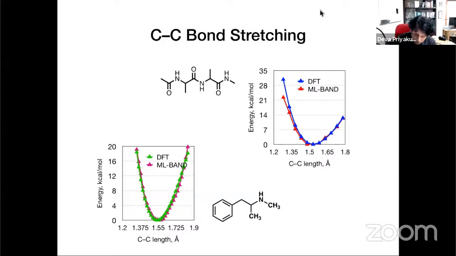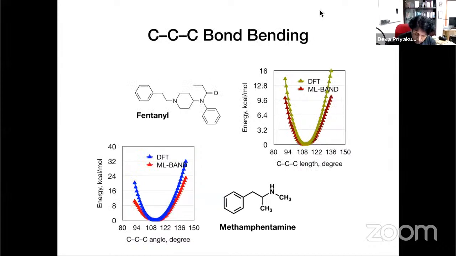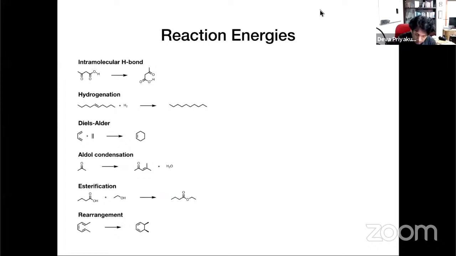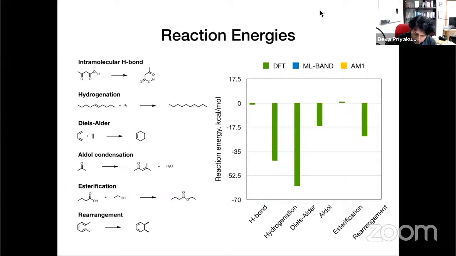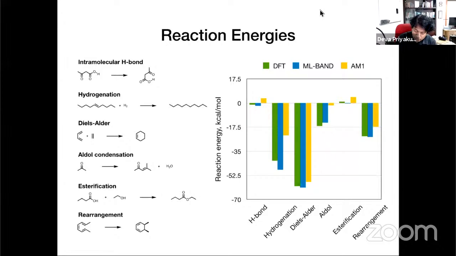You can see the DFT and the ML are both reasonably good here, and so on. This is for bending, and then these are comparisons of some reaction energies. These are the ground truth, that's the reality, let's say. The blue ones are the machine learning based models, and the yellow ones are the semi-empirical ones. It even gets the order incorrect sometimes, right?